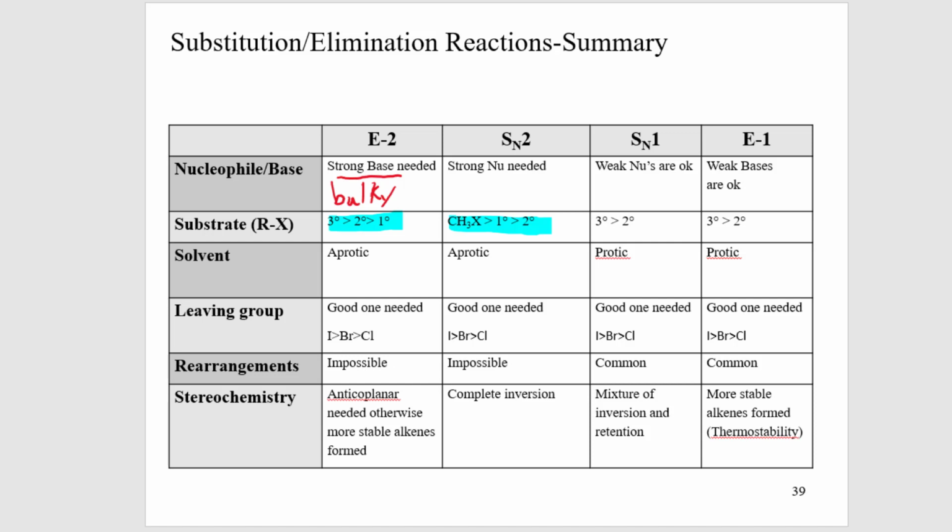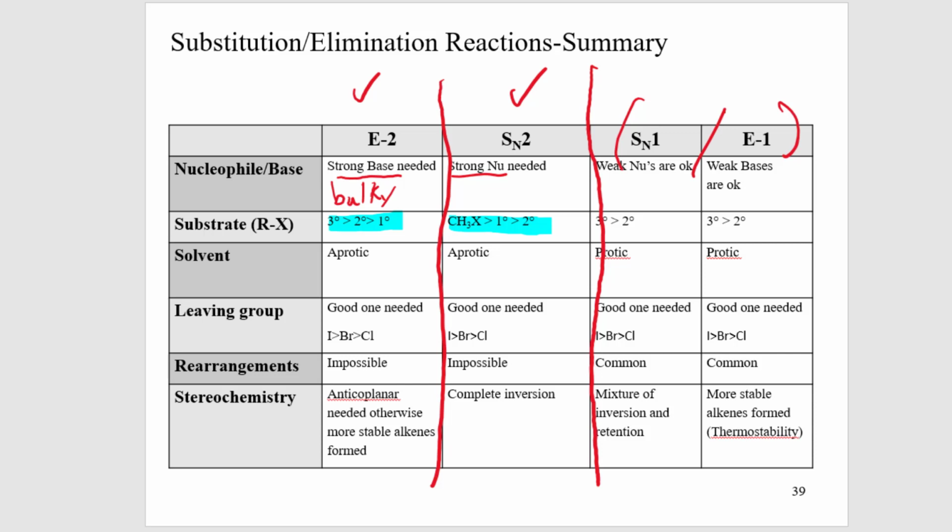You still need a strong nucleophile for SN2, but you really need to avoid steric hindrance. So E2 and SN2 can be teased apart. So you should be able to say I have an E2, or I have an SN2, or I have SN1/E1, right? We're going to kind of group those together.